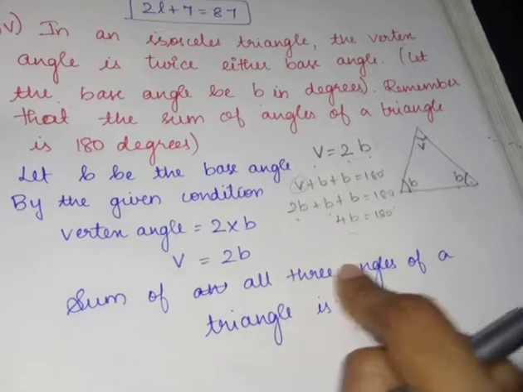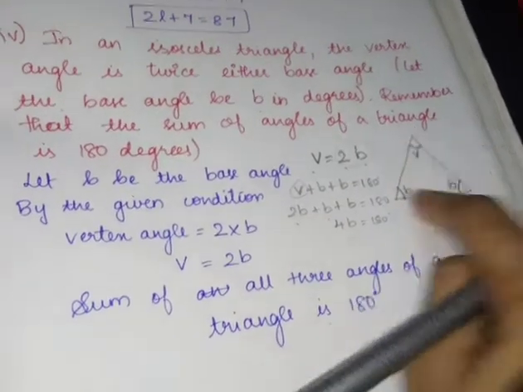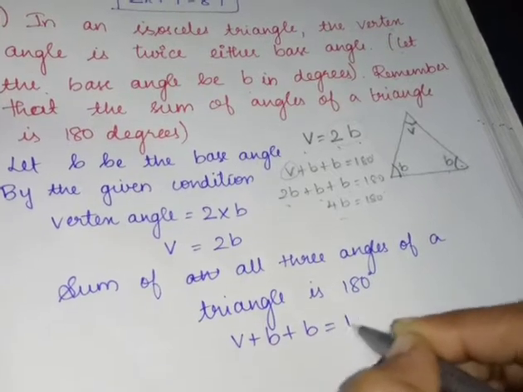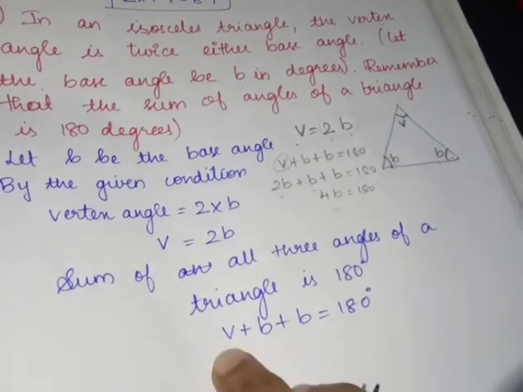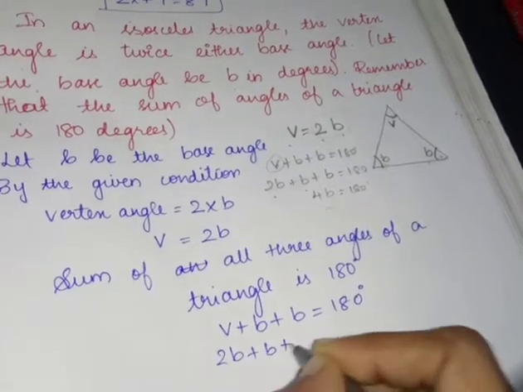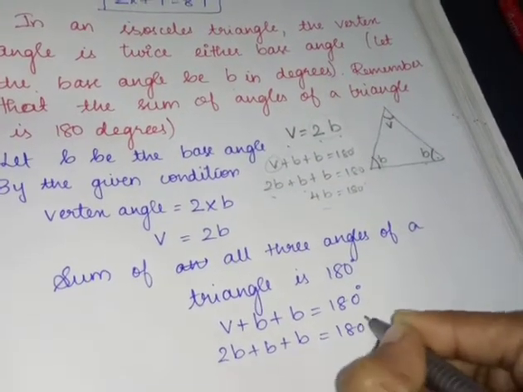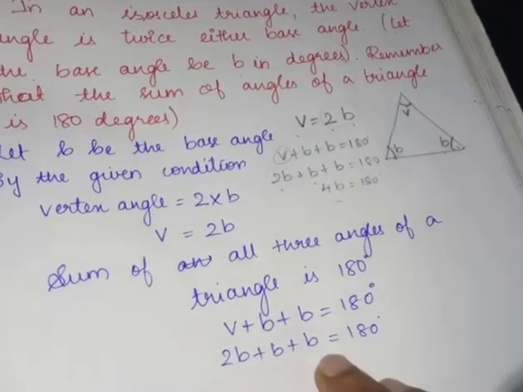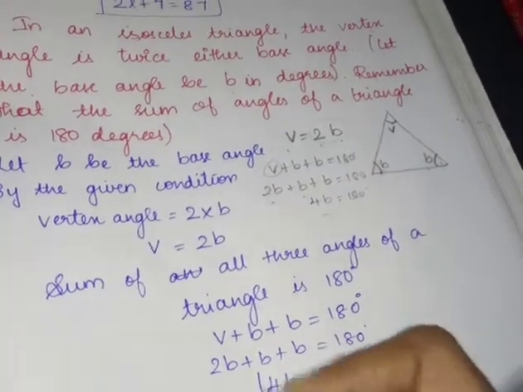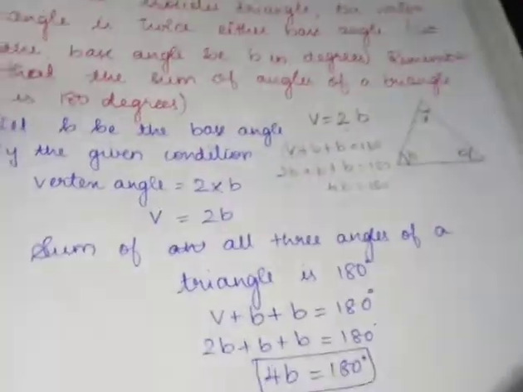How will we add it? Vertex angle plus base angle plus base angle is equal to 180. What is the vertex angle? 2B plus B plus B is 4B equal to 180 degrees. So this is your given equation.